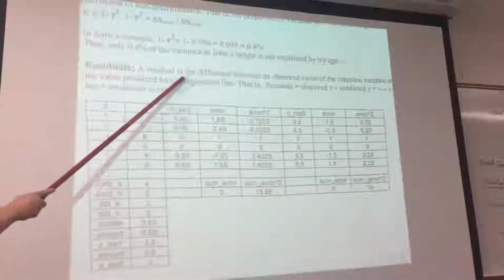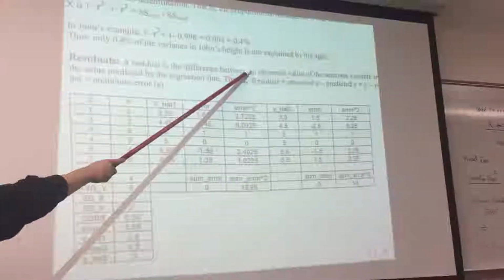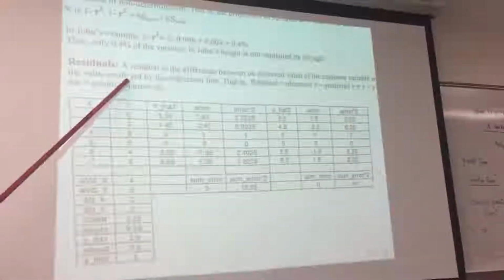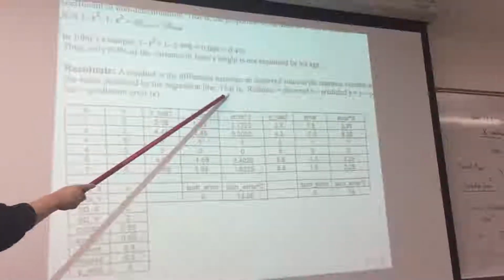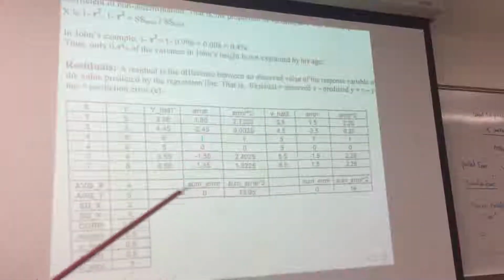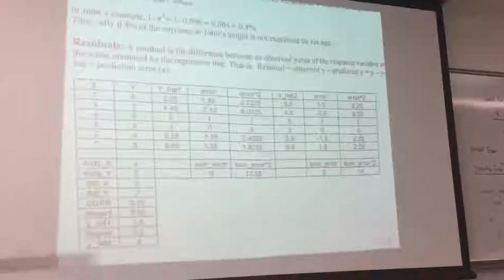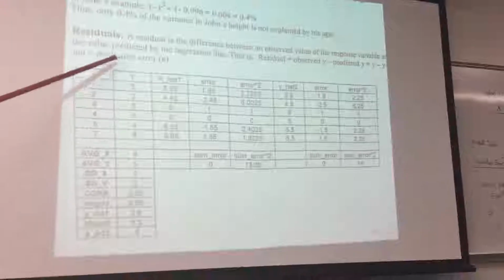A residual is the difference between an observed value of the response variable and what? The predicted value. That is to say, residual is observed Y minus predicted Y, or you say Y minus Y hat. We call this the prediction error. Say this is the data set given, okay? X column, Y column.